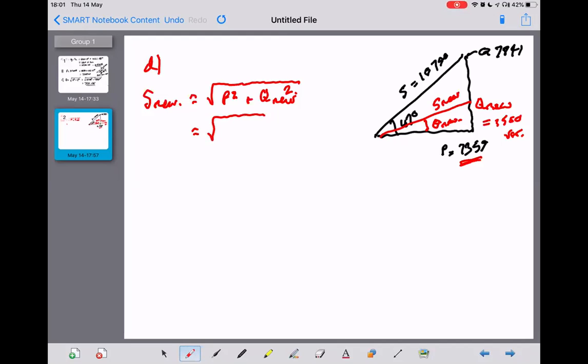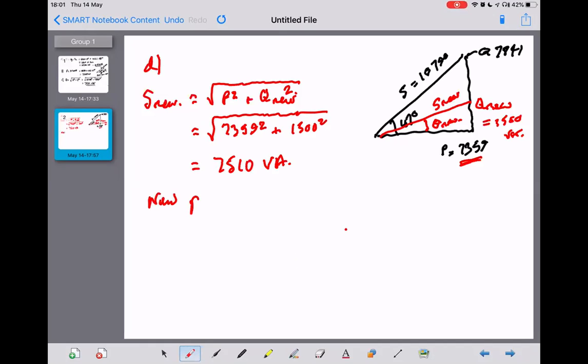Okay. So we're talking about 7,359 squared plus 1,500 squared. And that comes out at, I got 7510 VA. And the new angle.